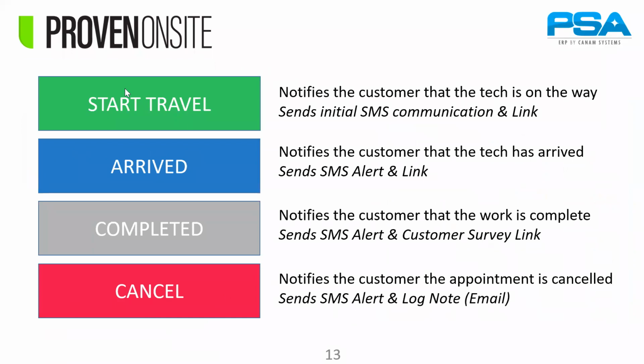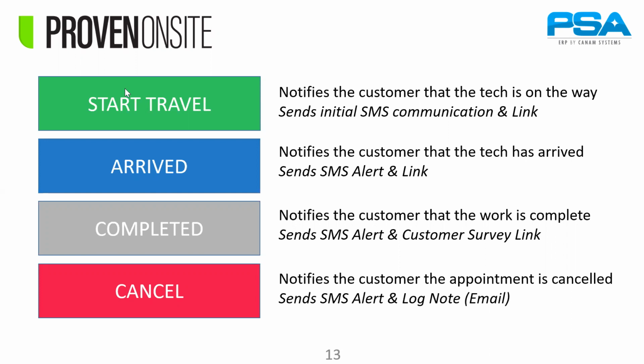It's related to a single appointment being completed. So each day that I start travel is a new link that I send to that customer. And each day that I arrive is a new alert that I've arrived. And when I finish that appointment, I can complete that each day and get feedback on each of my interactions instead of just one feedback at the end of the job.